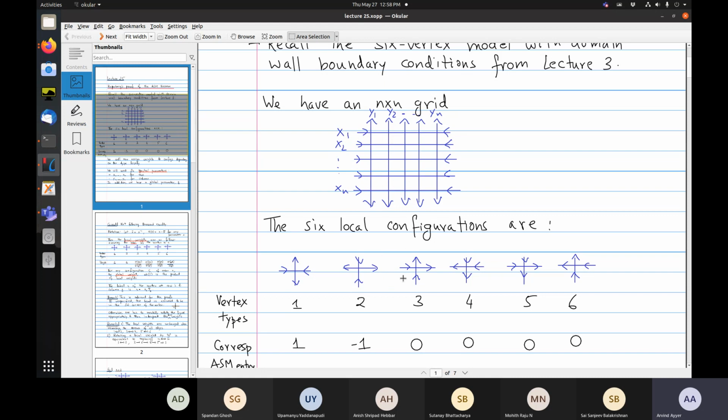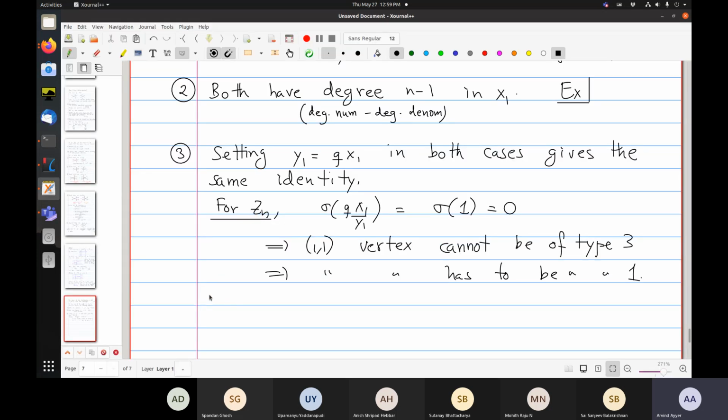The first row becomes of type 3, and the first column becomes of type, where is it, so inwards and downwards, yeah, of type 5. So you get either type 3 or type 5 in the first row and first column, and what you are left with is an n minus 1 by n minus 1 matrix with again the internal arrows pointing in exactly the same way as before.